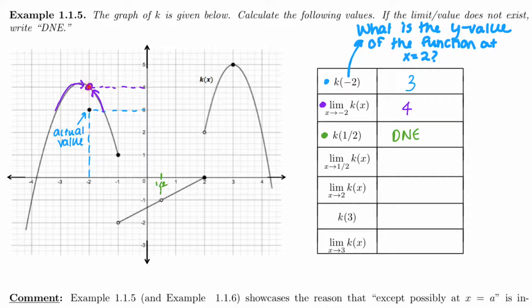The difference is that at -2, there was a filled in circle, so we can say that's the actual value there. But at 1/2, the only place where you even get close is right here, and this is an open circle, so it's not actually defined there. So this whole space is empty. There is no value for k of 1/2. It doesn't exist.